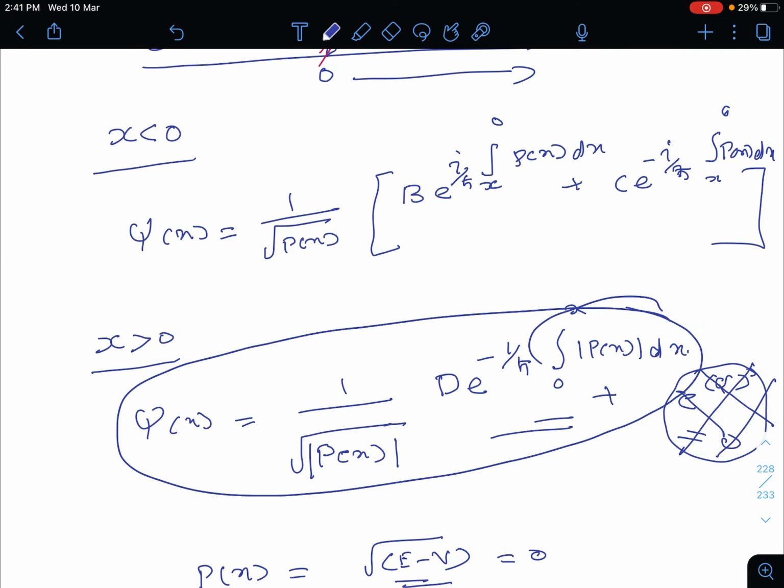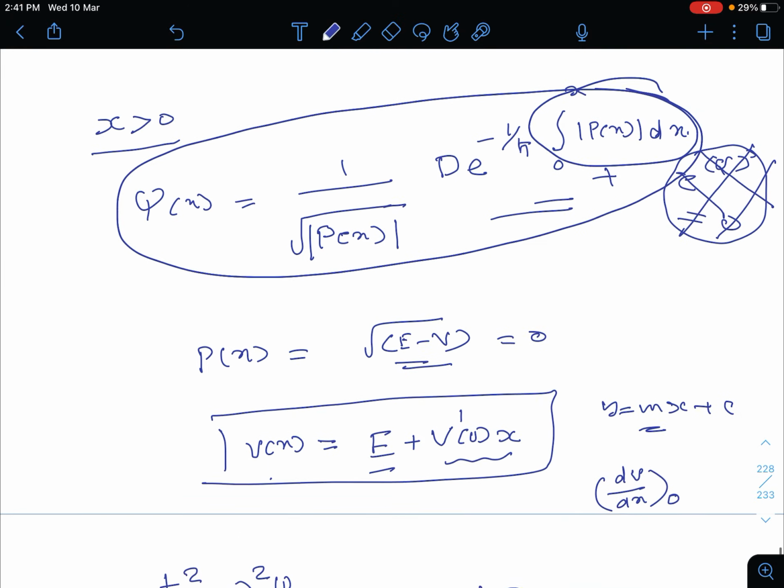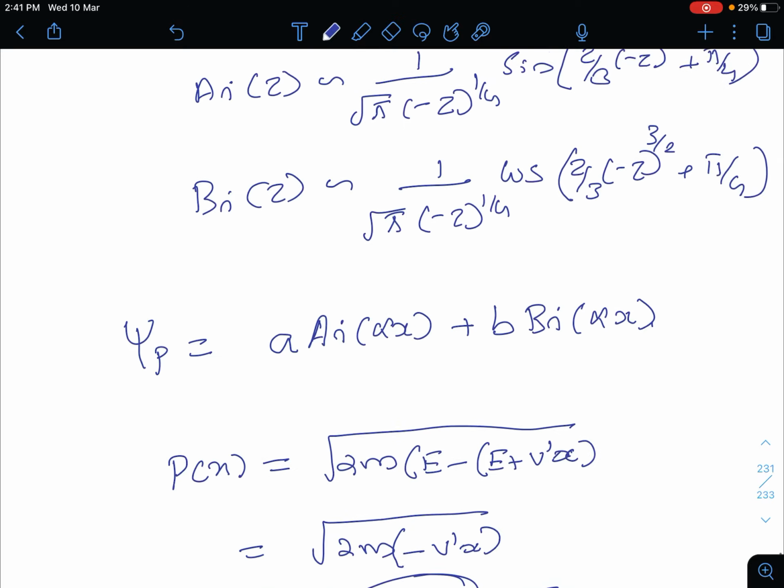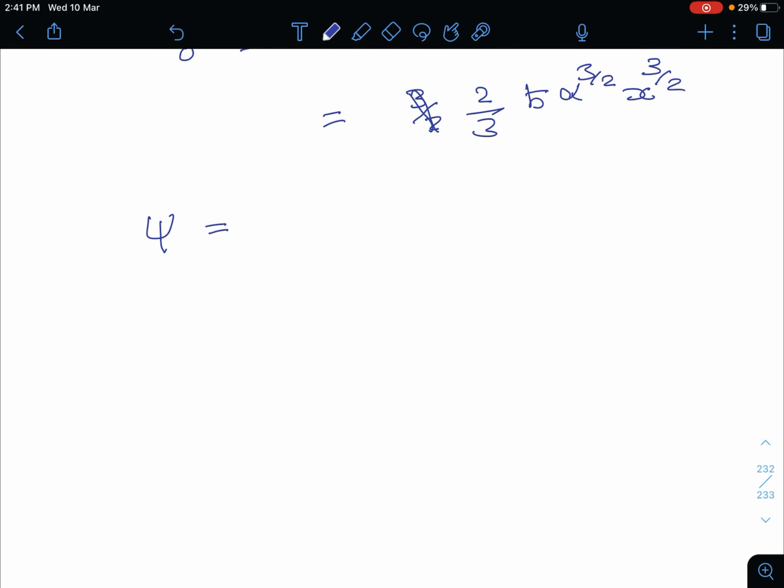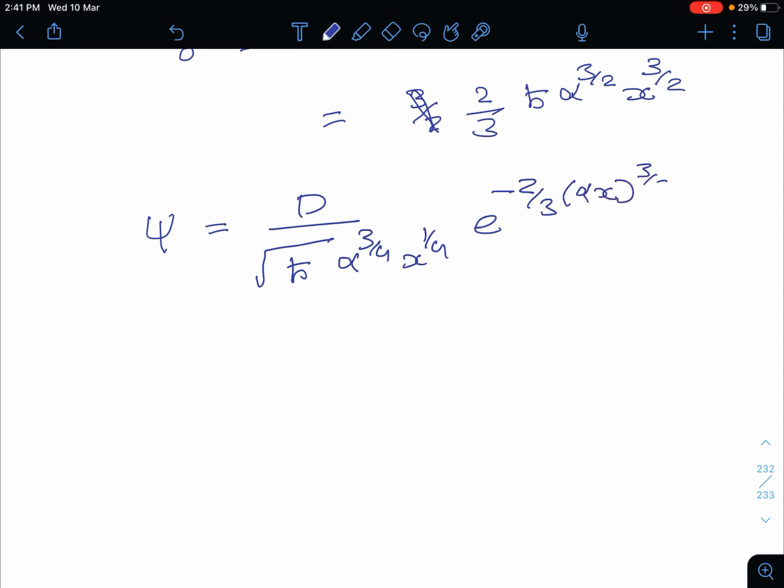So we got this. So now the wave function can be written as D divided by root of h cross alpha raised to 3 by 4 x raised to 1 by 4 e raised to minus 2 by 3 alpha x all raised to 3 by 2. That's very good.